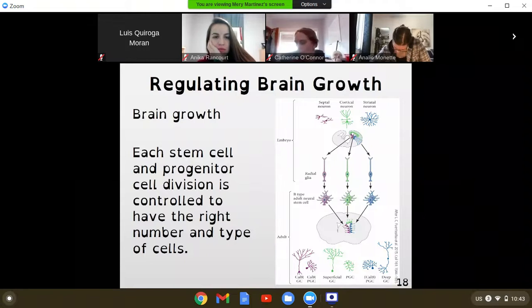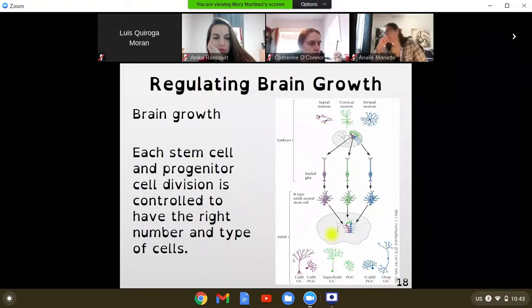So in the developing brain, stem cells and progenitor cells division is precisely controlled in order to have the right number and type of cells. So here we have the embryo cells. Here we are just forming that brain, that tube, right? And here is the adult. So we see that we have a larger variety of cells in the adult than we have in the embryo, right?